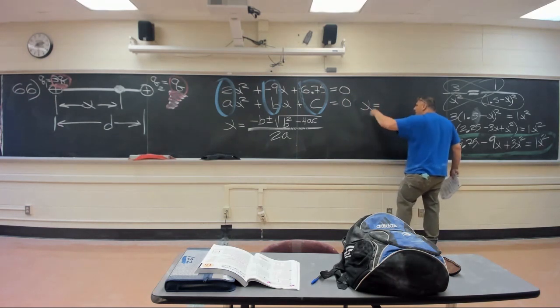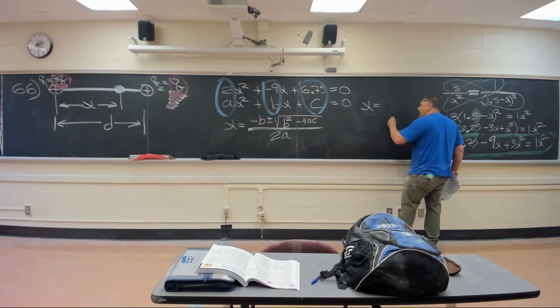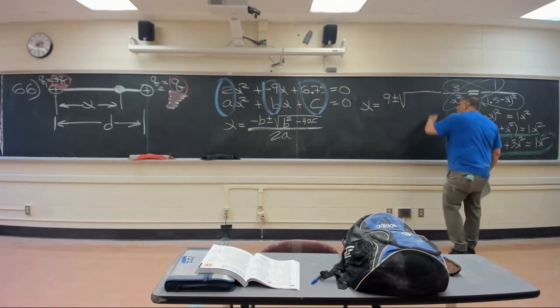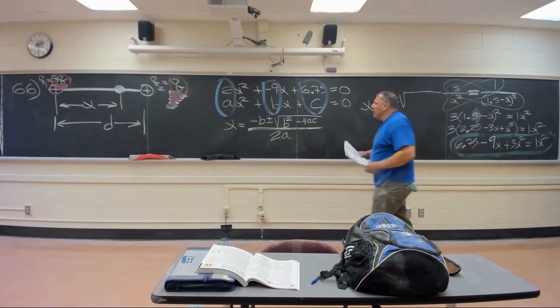X equals the opposite of b. b is equal to -9. The opposite of -9 is 9. Plus or minus the square root of b squared.